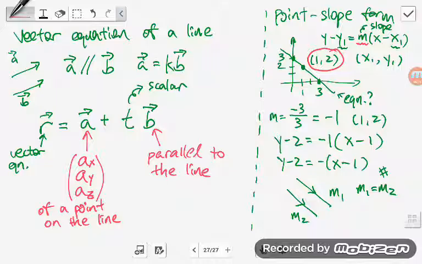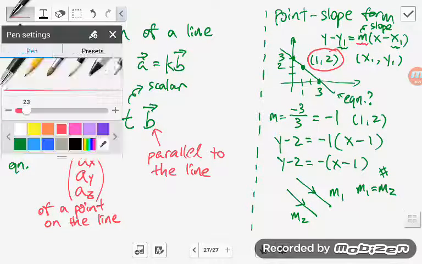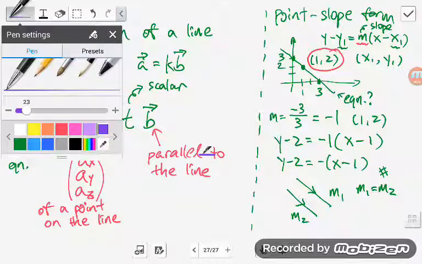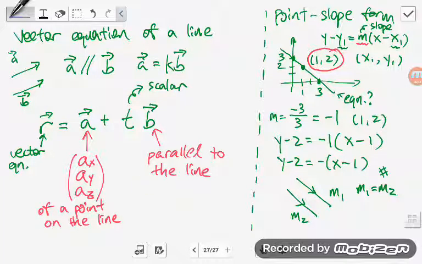Before you continue on with this video, some people might call this vector B the direction vector. You might hear me saying that sometimes.